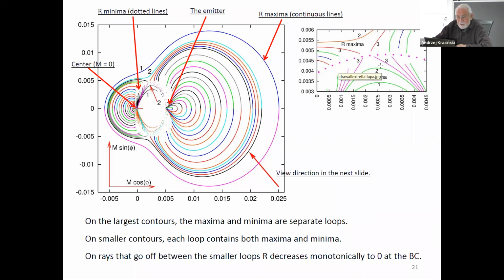And for later times, they separate in orthogonal directions, so that at later times, the contours still consist of two separate loops, but each loop contains both minima and maxima. On rays emitted between the smaller loops at later times, R decreases monotonically.